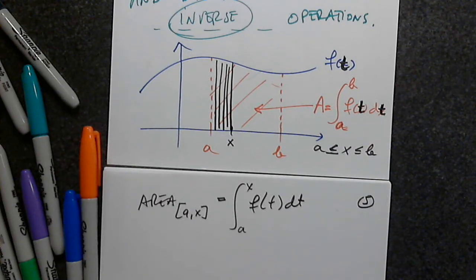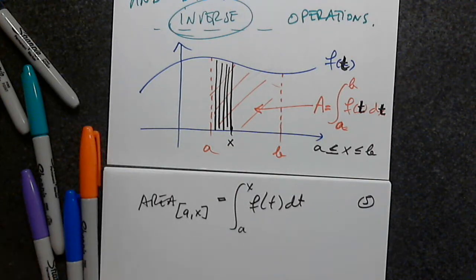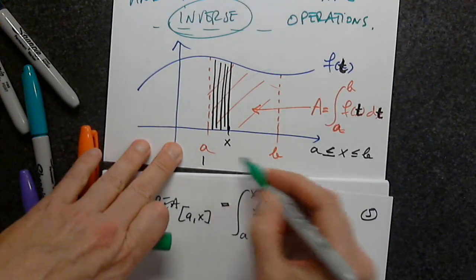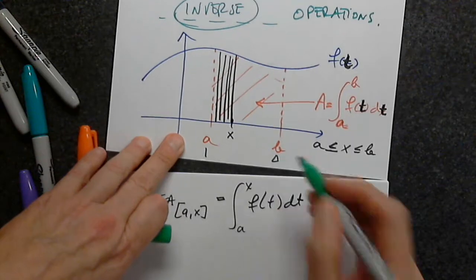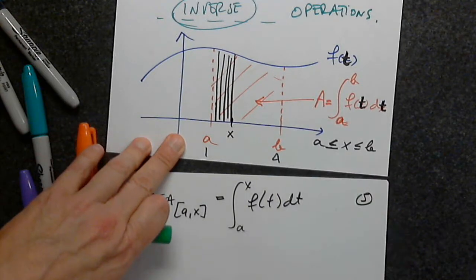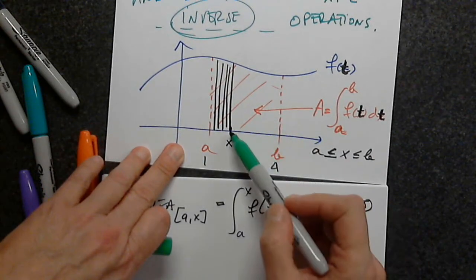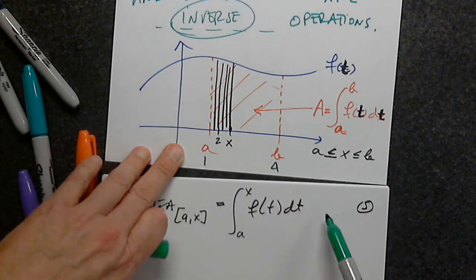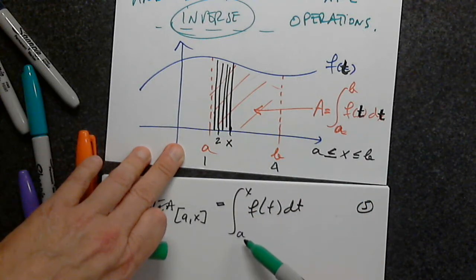Okay. But what does this mean? Do not answer before I give you some hints. So, assuming that the interval is, let's say, between 1 and 4, I hope you agree that if x is 2, we're going to get a number. So the integral from 1 to 2 will be a number.